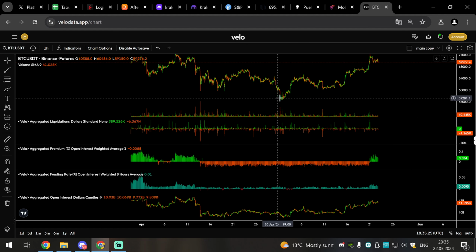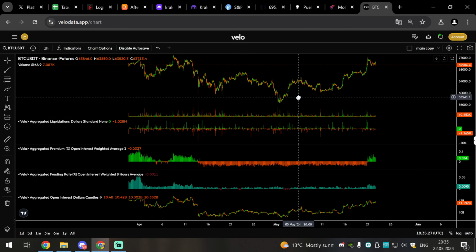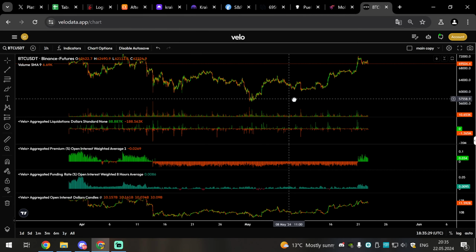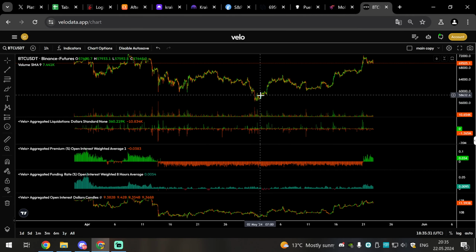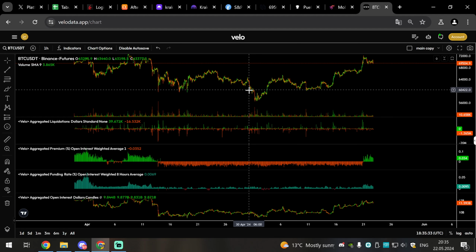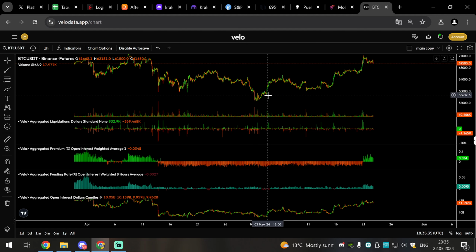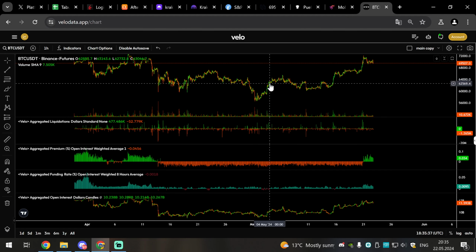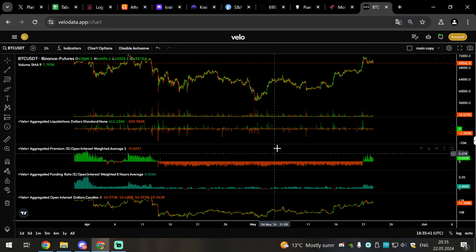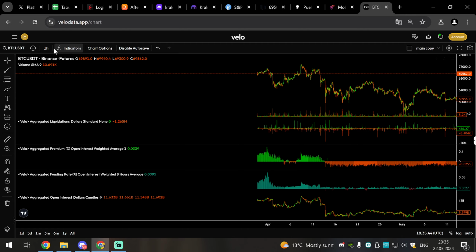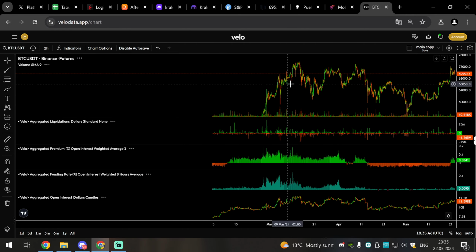If Bitcoin is pushing decently to the upside, like in this case here, but the leverage was pushing even more, you will have positive funding rates because now the market was overheating. Maybe I can show you on some real example. That will be the best.